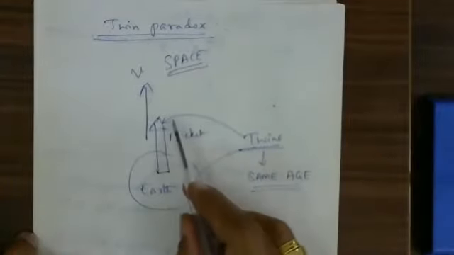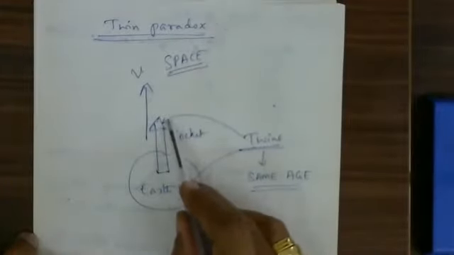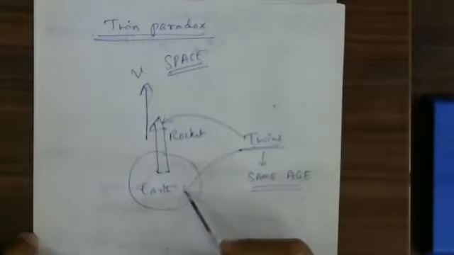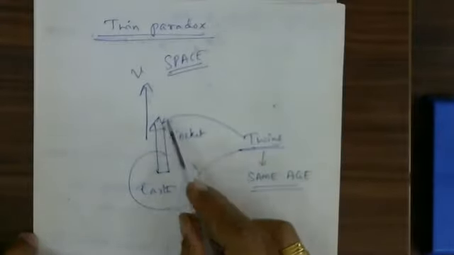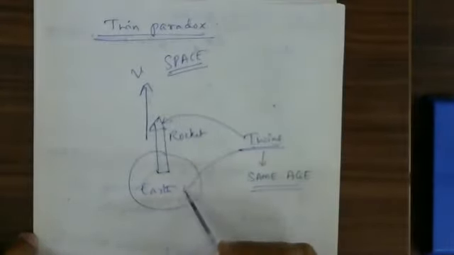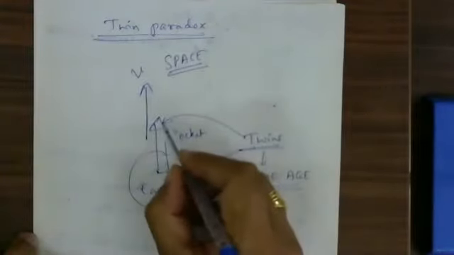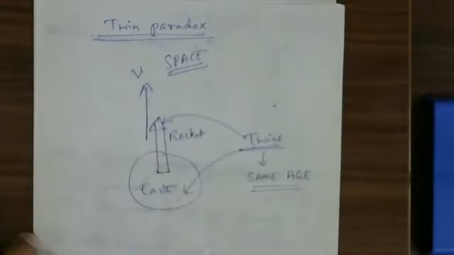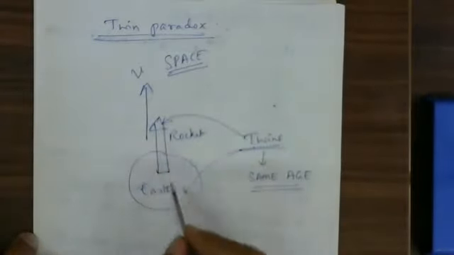Now, if you are observing this particular girl or boy, who is older and who is younger? This person is younger than this. This person is older than this.